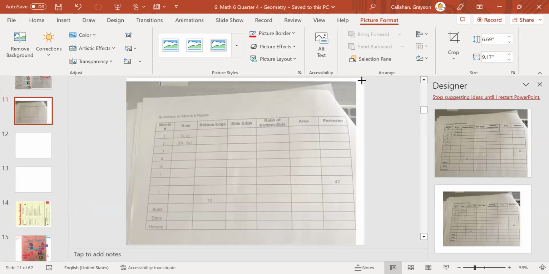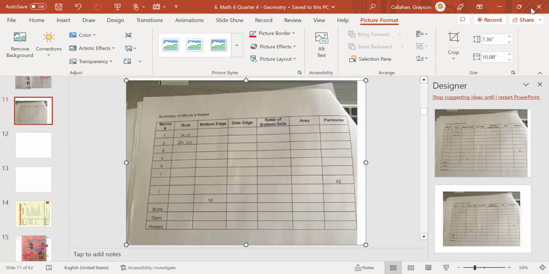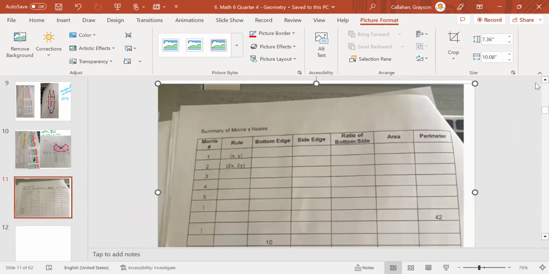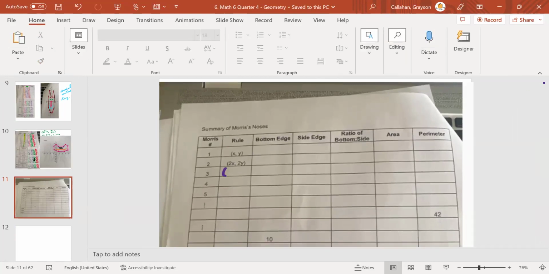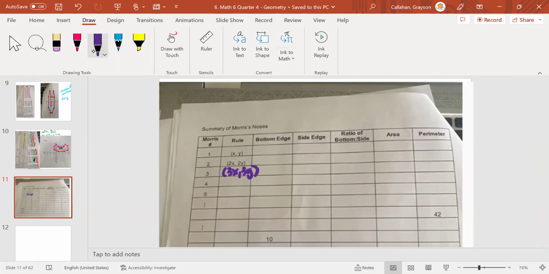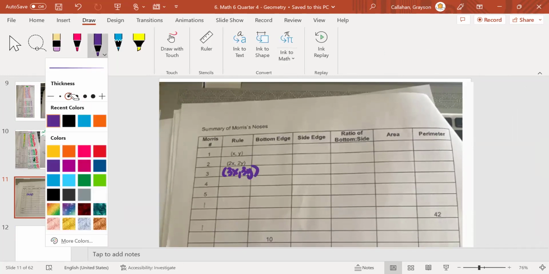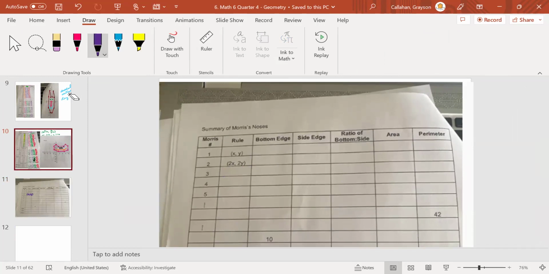All right, let's take a look at this then. Okay, so with this one, it says Morris 1 rule is x, y. Okay, so then let's just fill the rest of the rule. What is the rule for Morris 3? Is it 3x and 3y? Go to Morris 3.